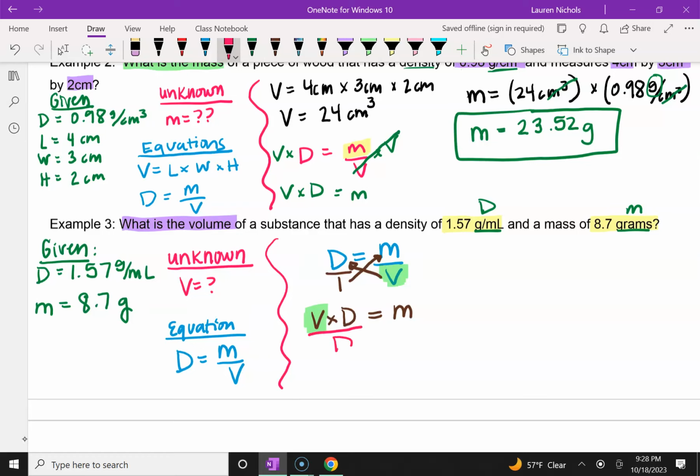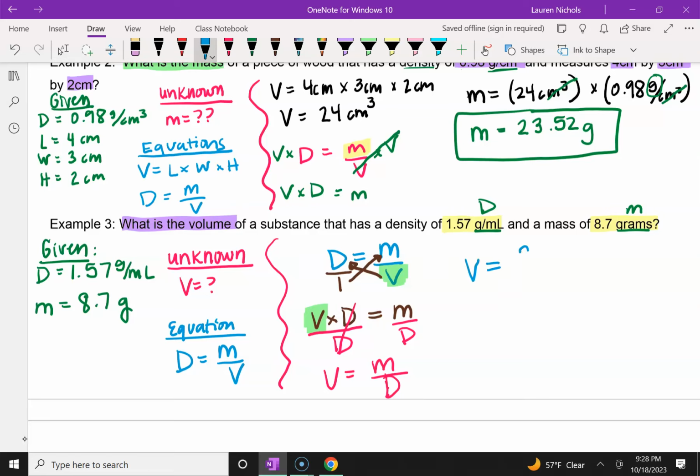Since density is what we want to move, that is the thing that we're going to divide. So we divide by density, and that shows us that volume is equal to mass divided by density. So one of the reasons why your algebra teachers were teaching you algebra is because you were going to need it in chemistry class.